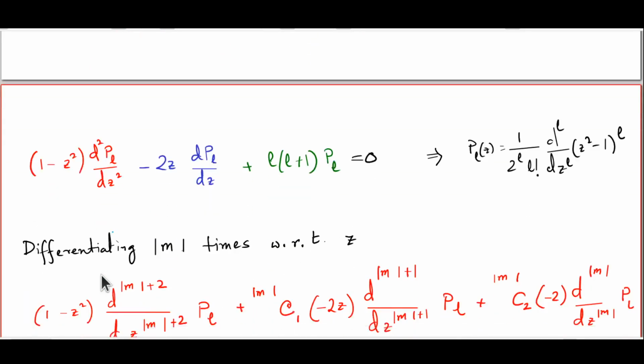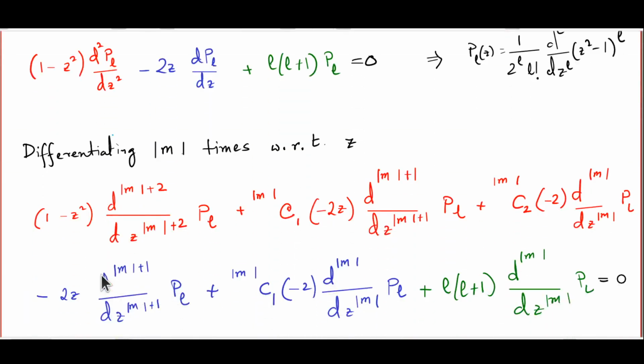Well, doing something similar, we can get this equation. The first three terms are what you get by successively differentiating this product |m| times. The terms in blue are what you get when you differentiate this product 2z dP_L/dz |m| times. So the first term, for example, is where you don't differentiate 2z at all, but you differentiate this |m| times to get d^(|m|+1)P_L/dz^(|m|+1).